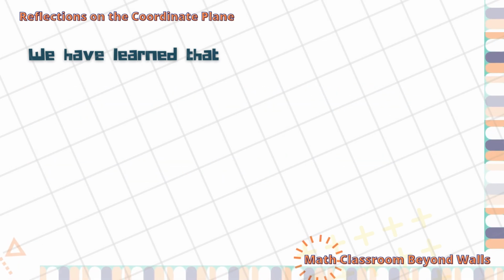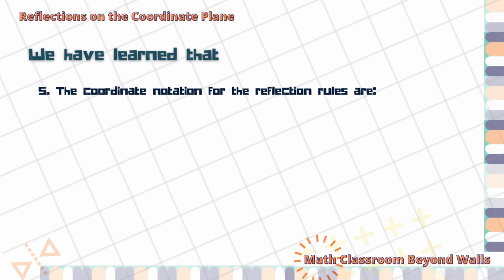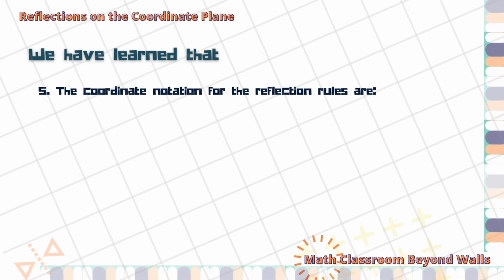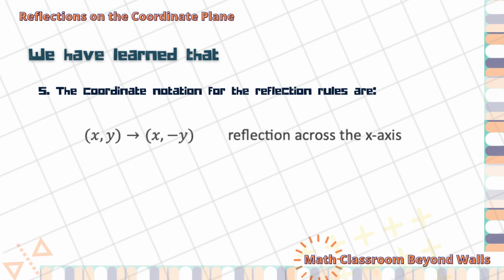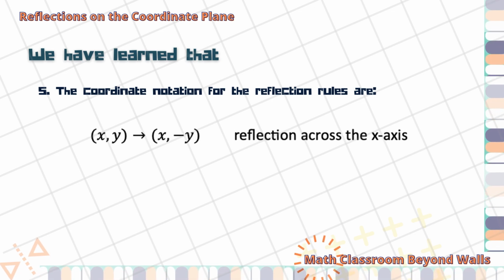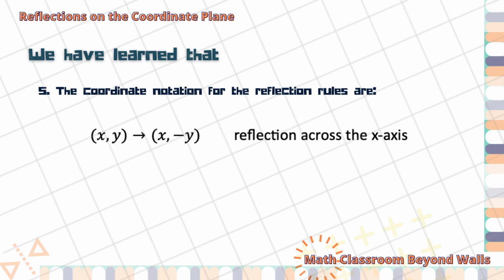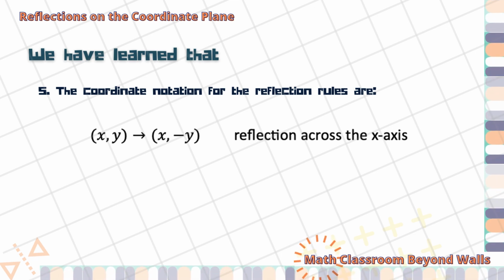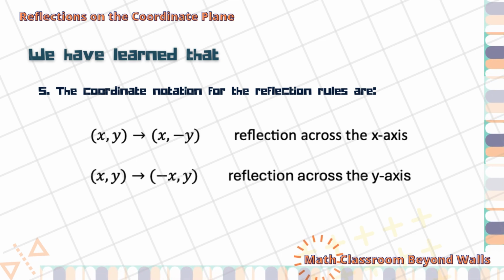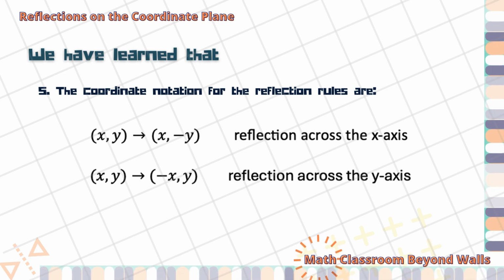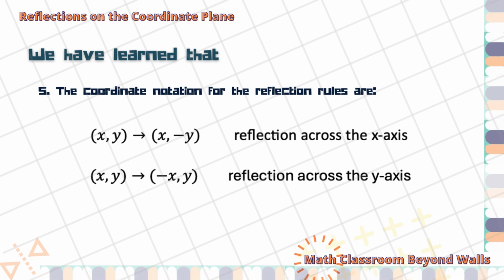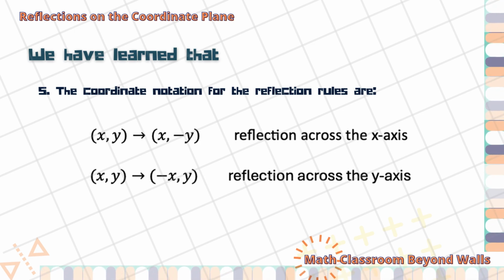Fifth, the coordinate notation for the reflection rules are: first, (x, y) is transformed to (x, negative y) after a reflection across the x-axis. Second, (x, y) is transformed to (negative x, y) after a reflection across the y-axis.